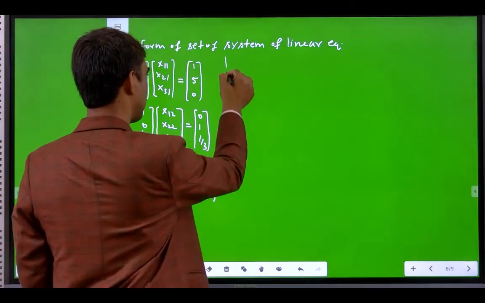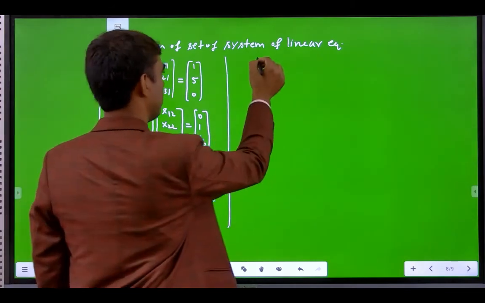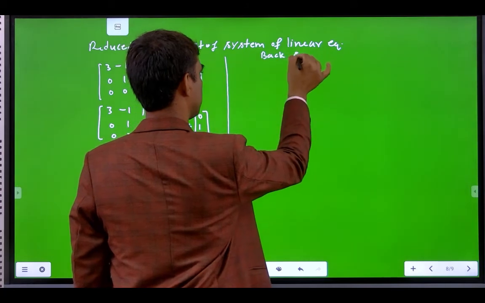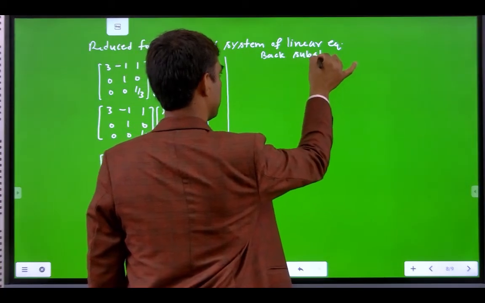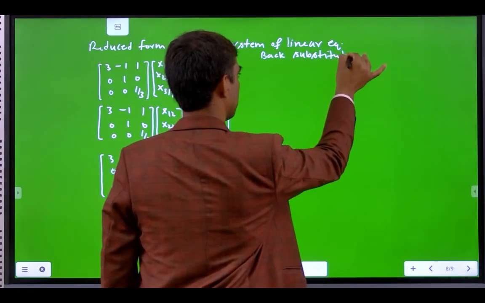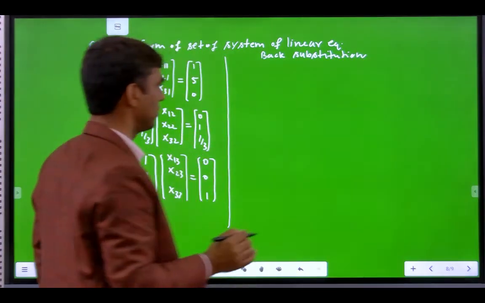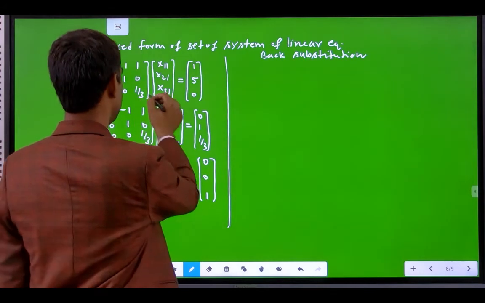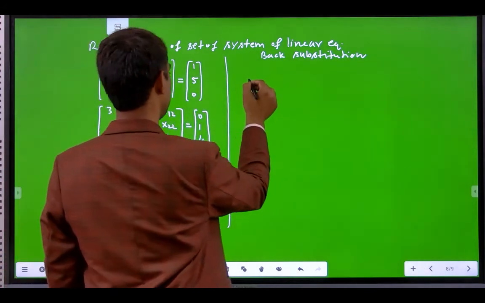So here we perform the back substitution.